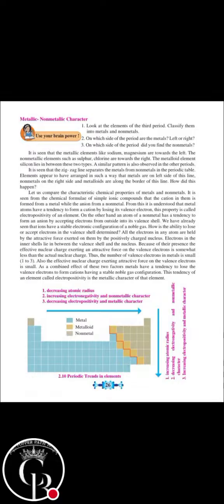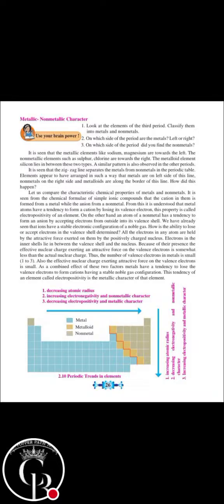The result is a lowering of the effective nuclear charge and thereby a lowering of the effective attractive force on the valency electrons. As a result, the tendency of the atom to lose electrons increases. Also, the penultimate shell becomes the outermost shell on losing valency electrons.